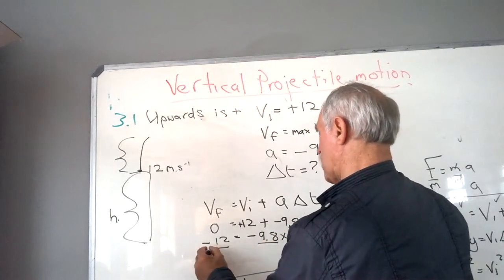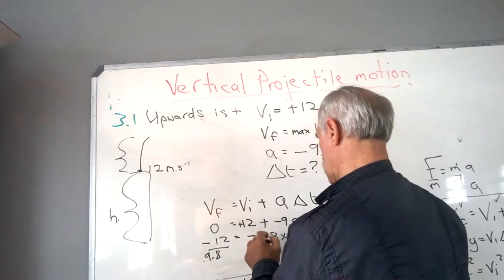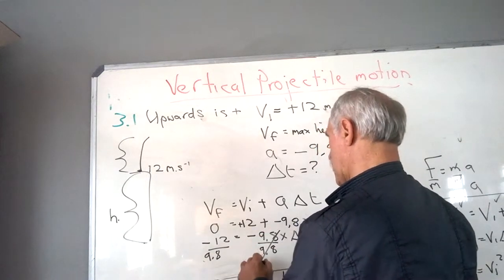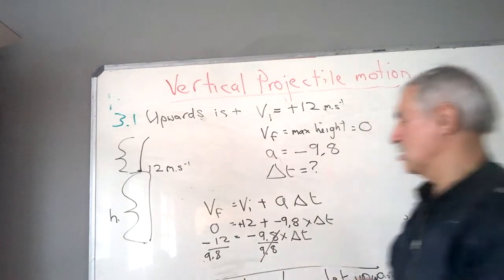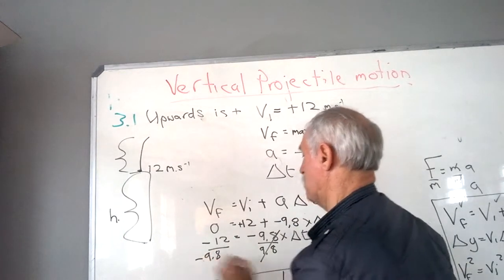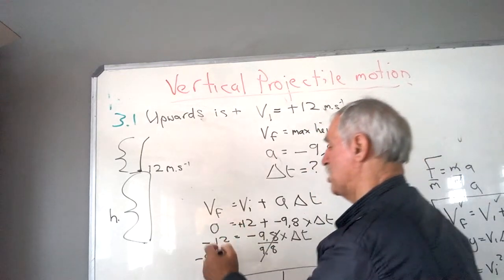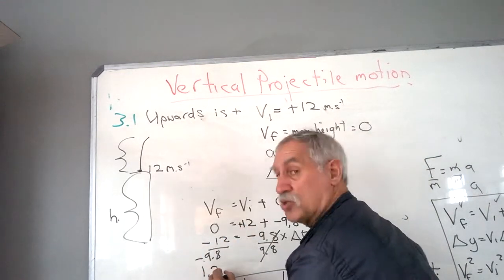Dividing both sides by 9,8, that cancels the 8 out. And what is 12 divided by 9,8? 1,2. Sorry, it's both minus 9,8, minus, and then you say it's exactly 1,2 seconds.